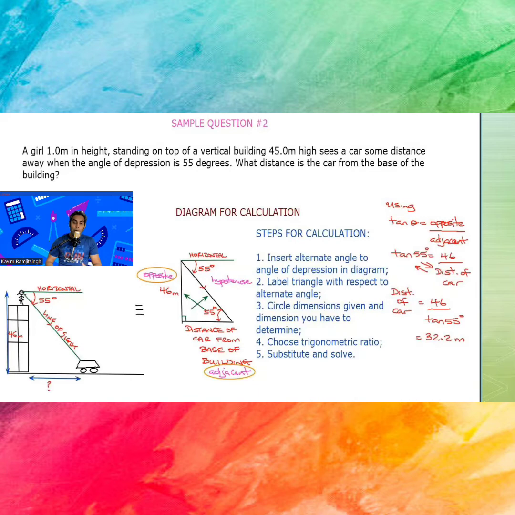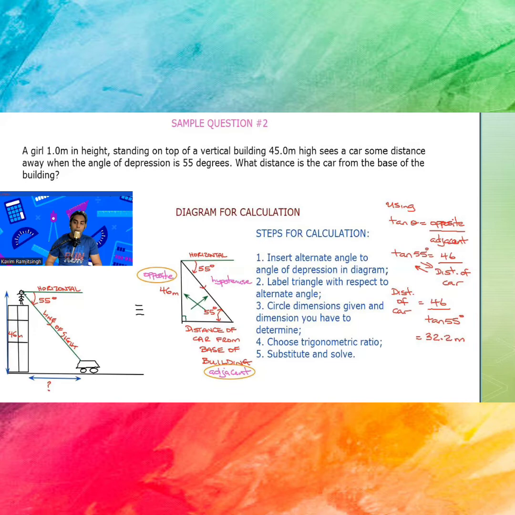Now, when we pull out our triangle and a half, you see it there in the diagram for calculation, we know that that vertical line to the horizontal line there is 46 and not 45 because we add the girl's height, the 1 meter, right? And again, guidelines to solve this, you will insert your alternate angle to the angle of depression. You see the 55, we bring it down there in that triangle.